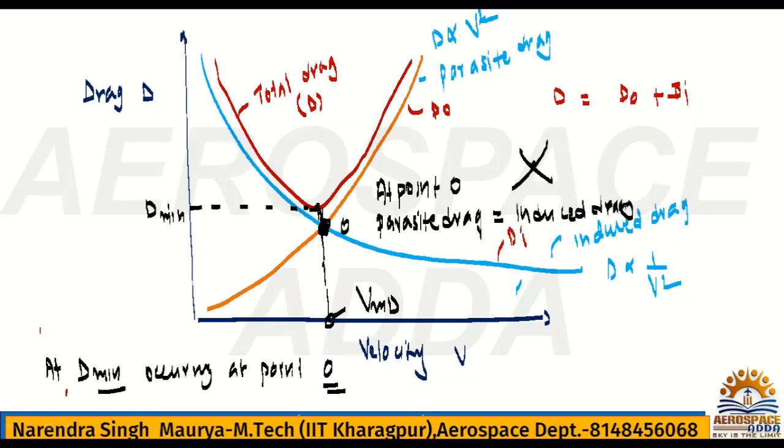Yes, you can say at point O, where the two lines are crossing each other, both values are the same.